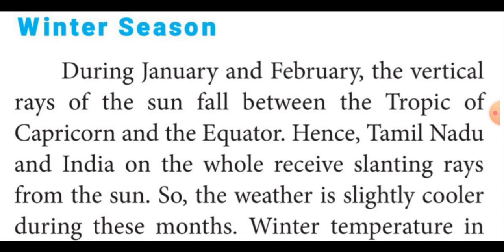The vertical sun rays fall on the Capricorn and Equator. So during this period, Tamil Nadu receives slanting rays from the sun. So during this month, the weather is very cool.